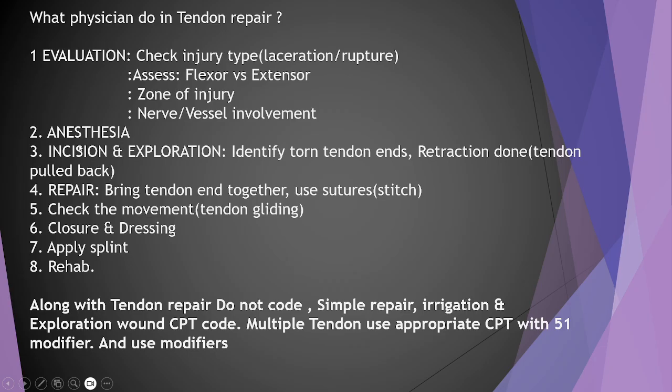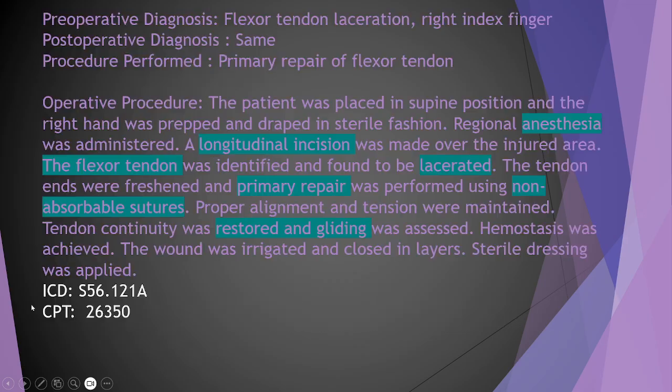After that, the physician will give anesthesia, the incision will be done, and the torn tendon ends identified. Then the repair will be done using suturing, and then check the movement for gliding of the tendon, and the closure is done. After that the physician will apply the splint and rehabilitation will be given.